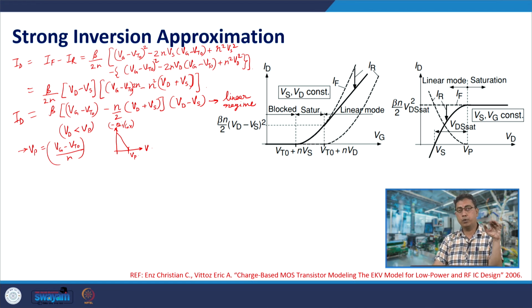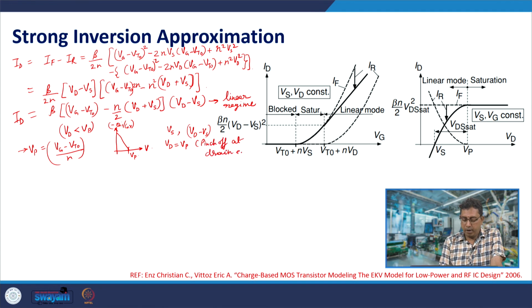Now, suppose the source voltage is Vs. So, you need to increase the local channel potential till the local channel potential becomes Vp. So, what is the value of drain to source? So, if source voltage is Vs and the drain voltage is increased by Vd, so you have an increase in voltage Vd minus Vs. So, for pinch off to happen at the drain edge, Vd is equal to Vp, pinch off at drain edge of the channel.